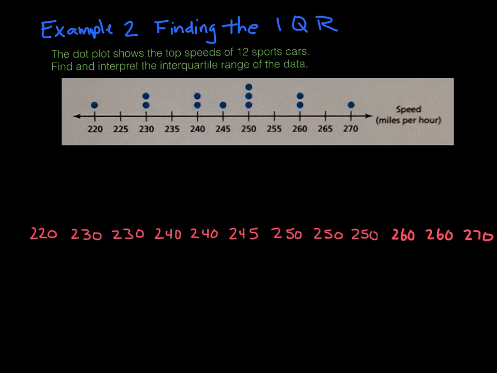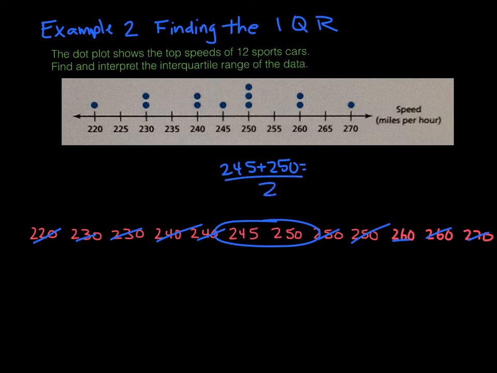These are put in there from least to greatest in speeds. I'm going to find the median to start, so I know where my center is and can recognize what my lower half and my upper half are. So I have 245 plus 250, and once I divide that by 2, that equals 247 and a half.